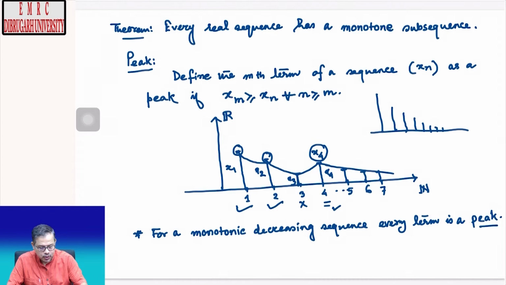So, on the right of every term, everything will be smaller or equal to that term. Therefore, every term in that sequence is a peak.